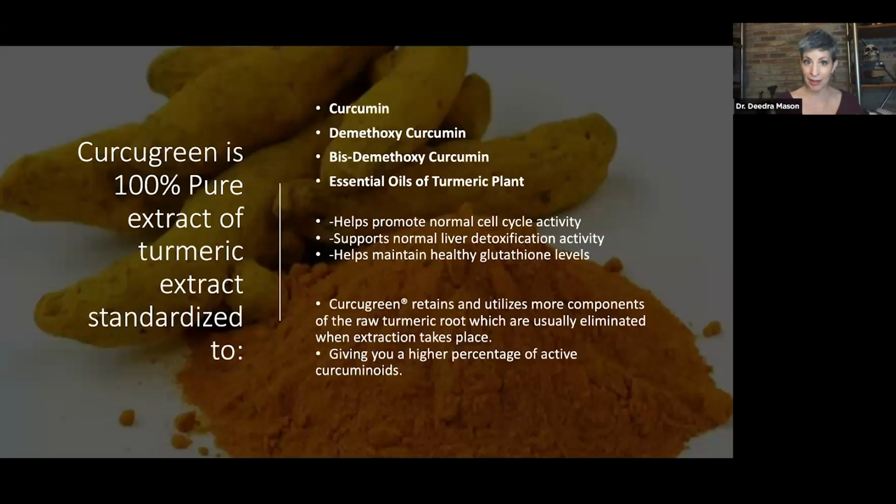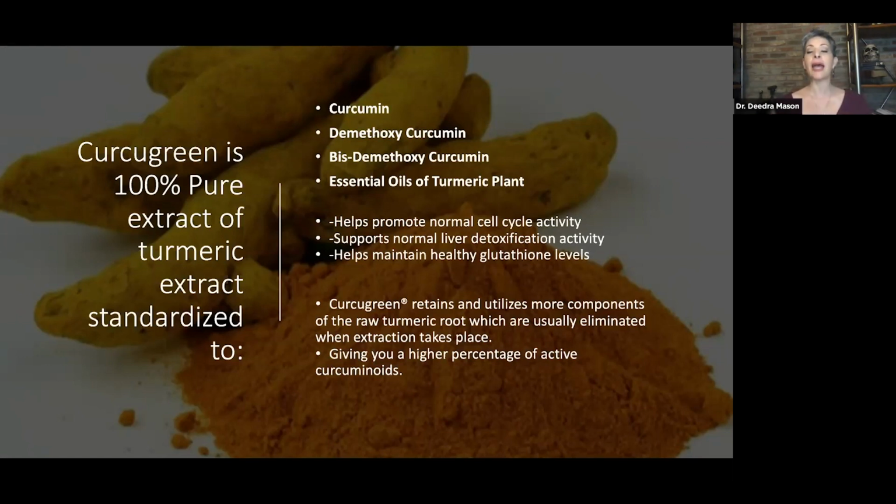So this has curcumin as an antioxidant, and then it has a more complex curcuminoid known as dimethoxycurcumin, and one that gets even more complex and therefore has more free radical scavengers and is a more powerful antioxidant. This one is referred to as bis-dimethoxycurcumin. In addition to that, because just like the aloe, no solvents or chemicals are used to process the Curcumin Extreme product, this whole root solution also has all of the beta and alpha turmerones, the essential oils that are naturally a part of this plant.